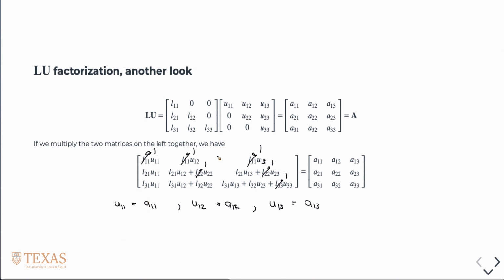Once we have that, we have enough information to go ahead and solve for the rest of the first column, namely L21 is equal to A21 over U11. U11 is known, it's A11, of course. The last thing we need to figure out is the third entry on the first column here. Again, L31 is equal to A31 over U11, which is known.